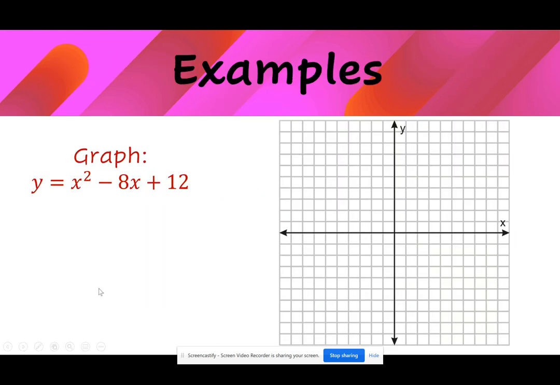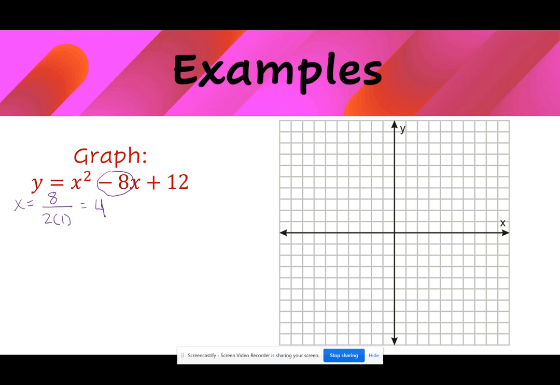So an example of doing it this way. First, we want to find our vertex. So we are going to use x equals negative b over 2a. So our negative b is positive 8 over 2 times 1. We get 8 divided by 2 is 4. So then we can plug this back in.